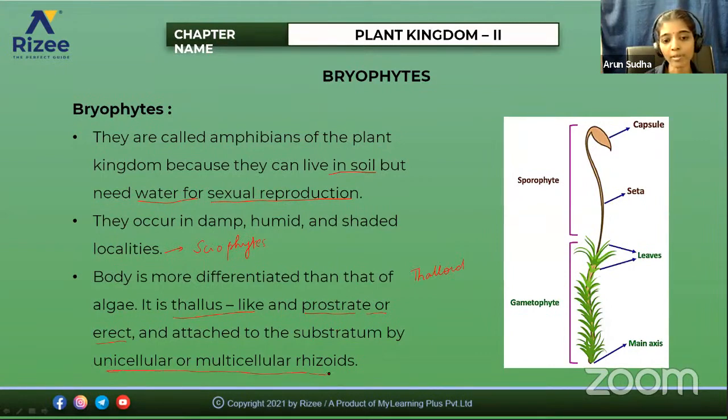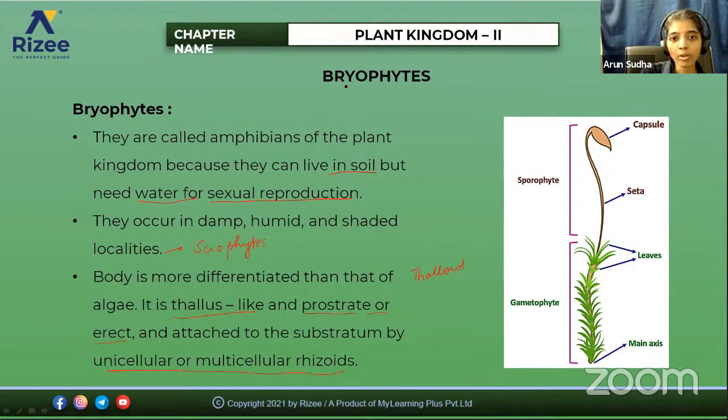This is important: different types of bryophytes vary based on the type of rhizoids present, that is, unicellular or multicellular rhizoids. Another main difference between algae and bryophytes is that bryophytes can exist in soil but need water for reproduction, but algae purely need water.